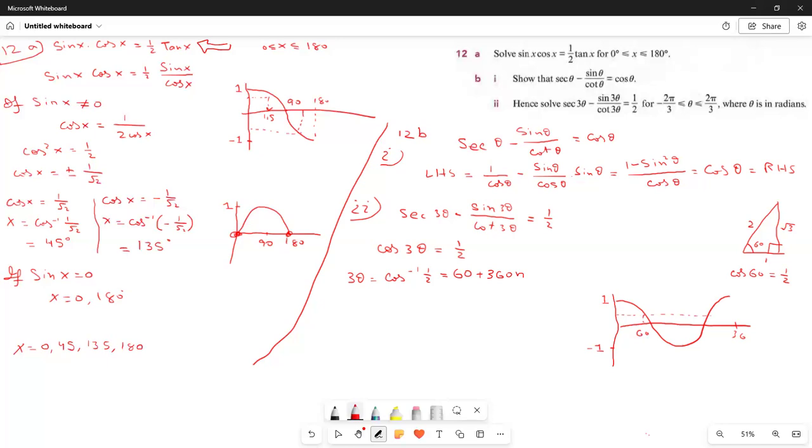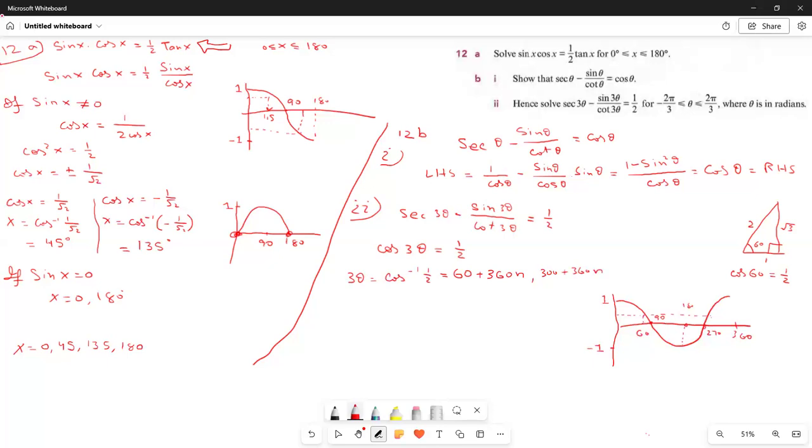This is 180 degrees, this point was 90, I have very little room to draw, and this point is 270, and this is 360. If it is 60 degrees from here, then 60 degrees from the other end would make it 300. So the other answer is 300 plus 360n.